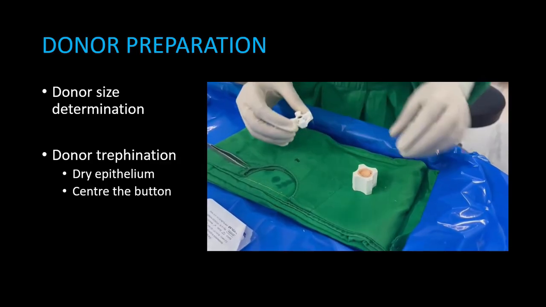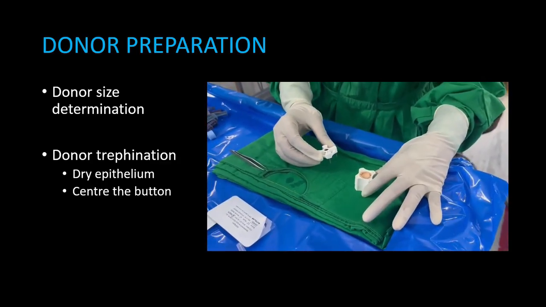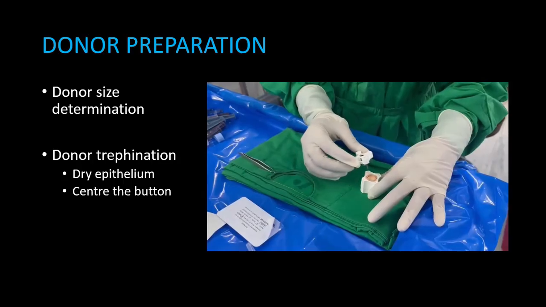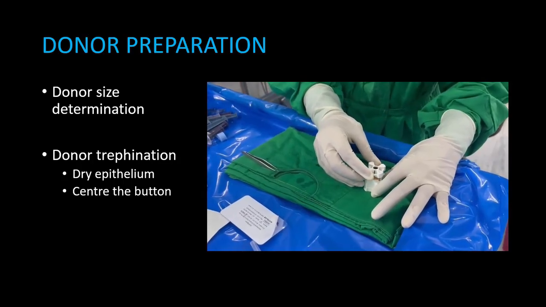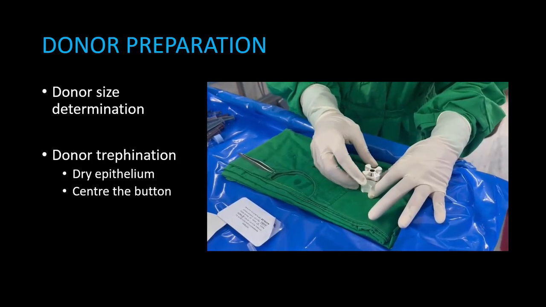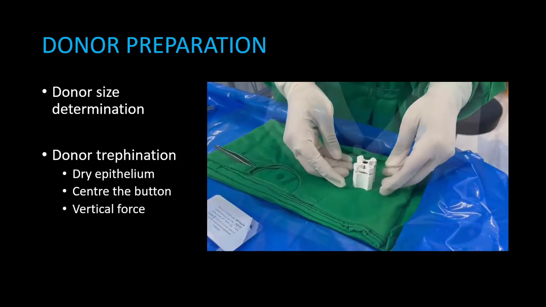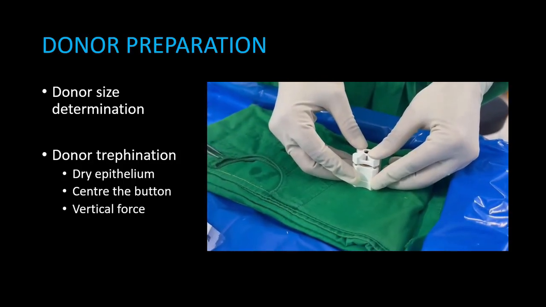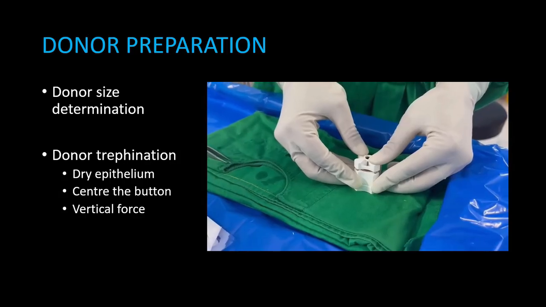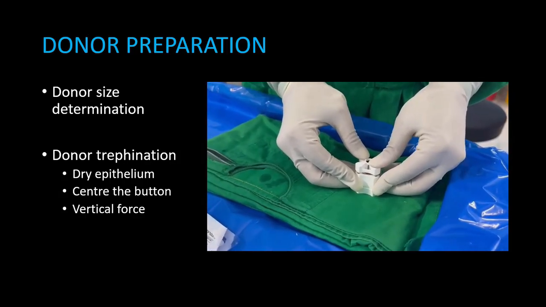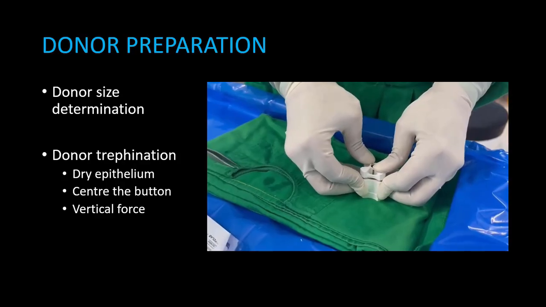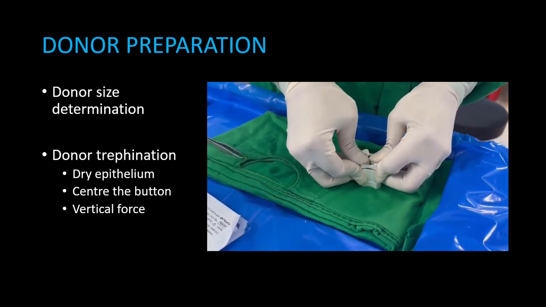What it does is, one, it prevents slipping of the graft, and you also get straight margins rather than having an oblique margin, which is going to make apposition very difficult. It's very easy to do with a 4-punch, but you might face challenges when you're using a Teflon block. So it's necessary to secure the Teflon block, ask your assistant to help you out as well.